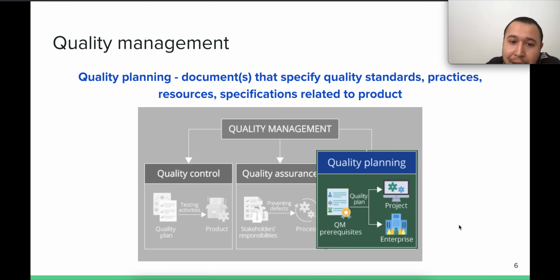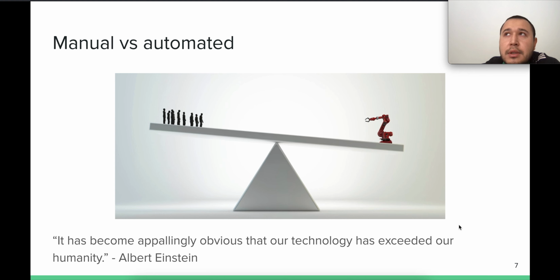And whenever we think of any process, nowadays we think about automation and the balance between manual work and automation. This balance or imbalance is always in our mind. How can we automate some process?